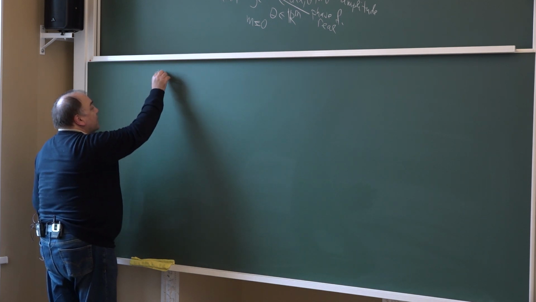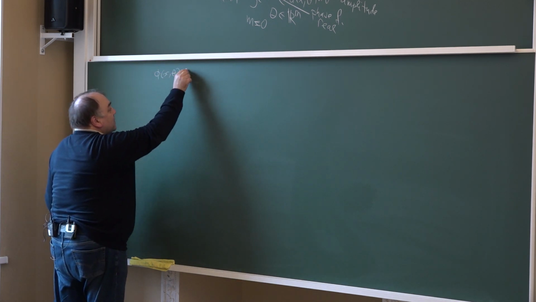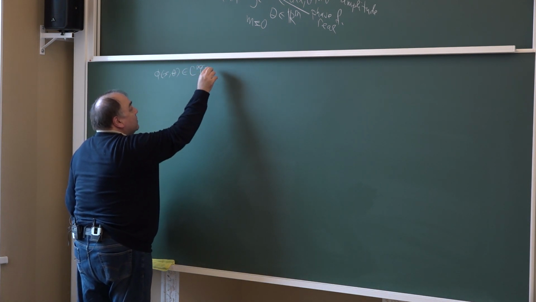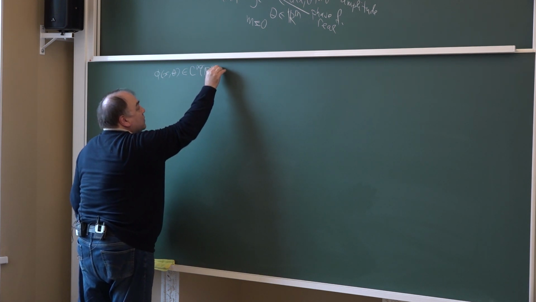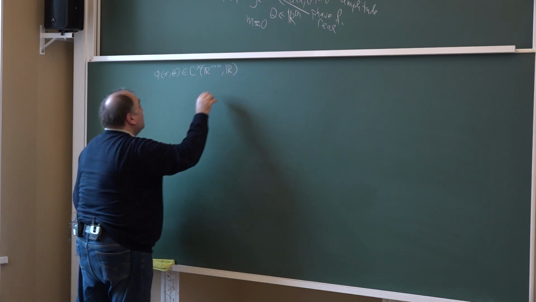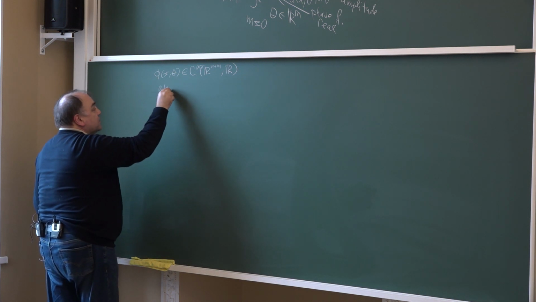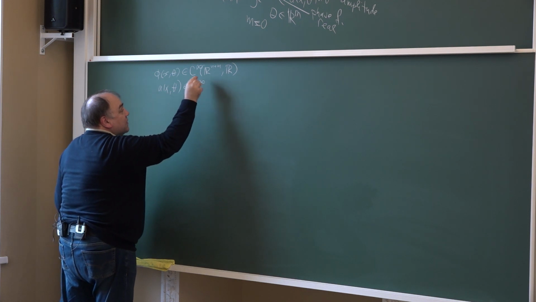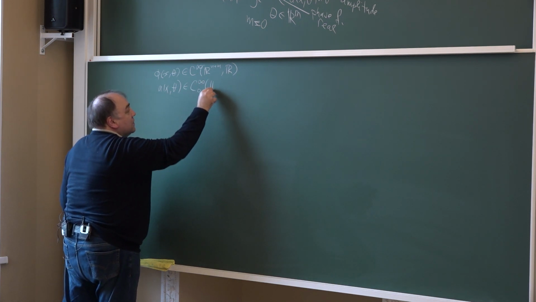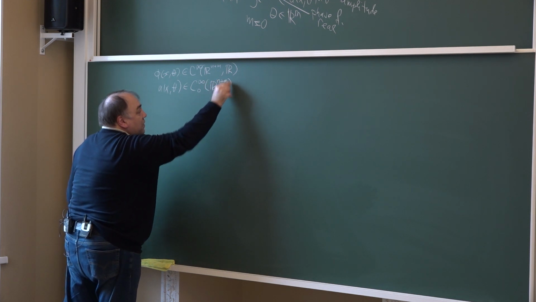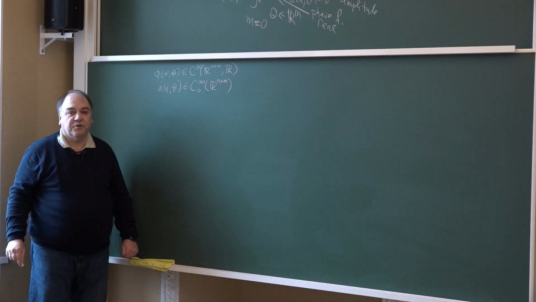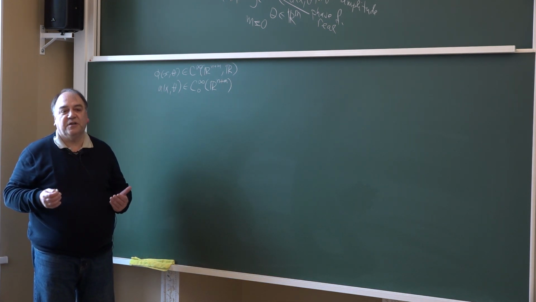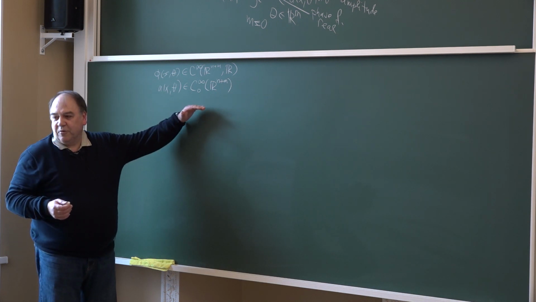So first, φ(x,θ) is assumed to be real-valued and smooth. And a(x,θ) is assumed, let me say, C_0^∞, just as is customary in the theory of the canonical operator. When we speak of general matters, it is very convenient to assume that the amplitude is compactly supported.